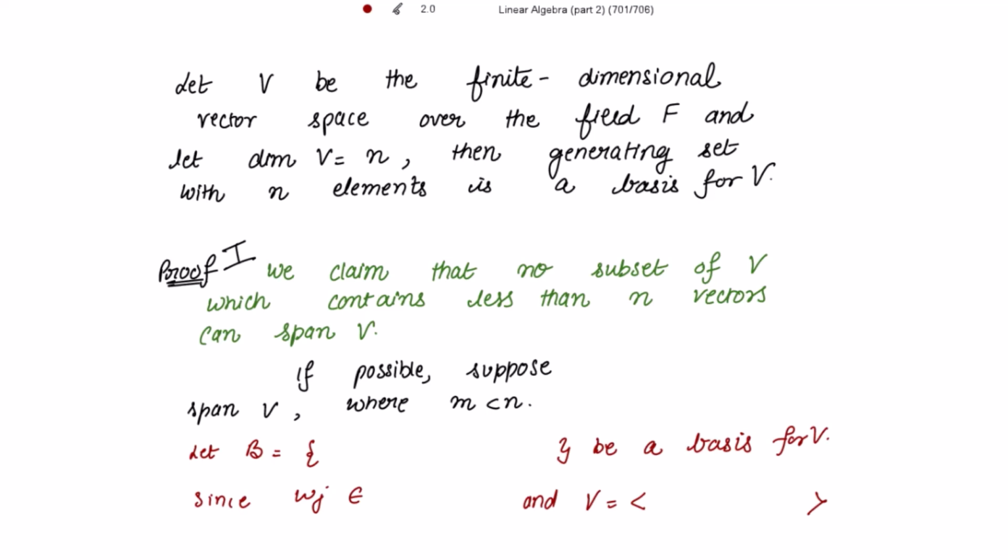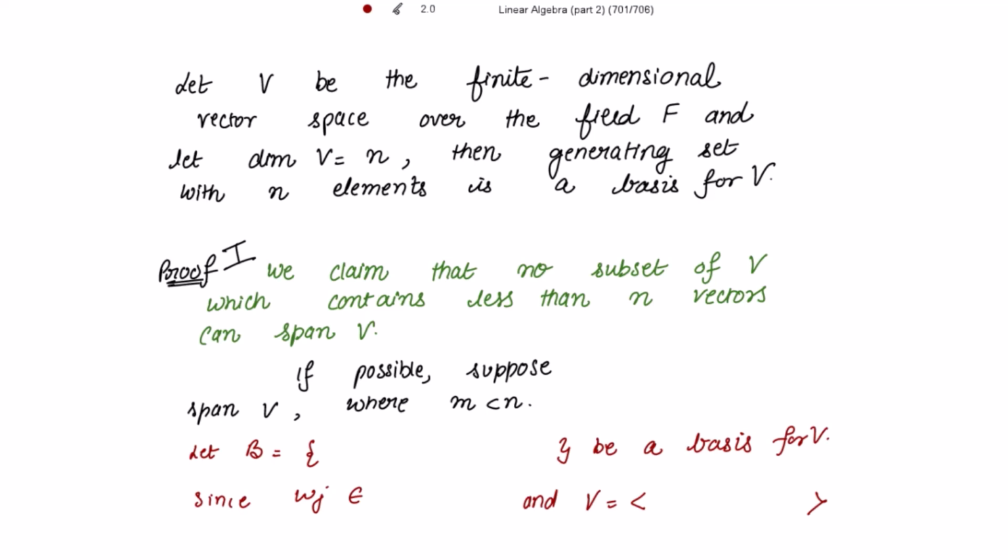So it is enough to prove that not more than n elements can span V, because if n elements form the generating set, which means the vector space V is spanned by those n vectors only, right?